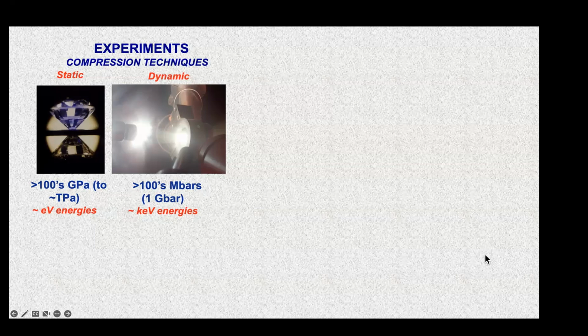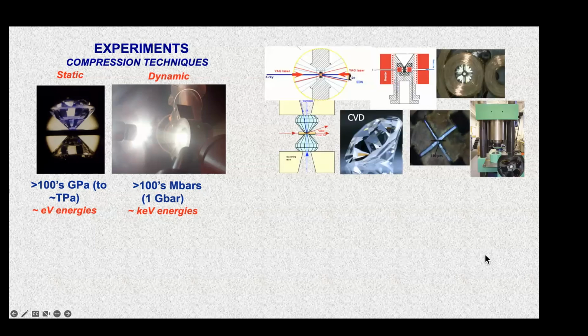Just with an overview of the kind of work we do, we're interested in high pressure experiments, both static and dynamic compression experiments, but most of our work is in the static field. There we use diamond anvil cells, which are very valuable because they allow us to probe materials using a wide range of characterization probes.